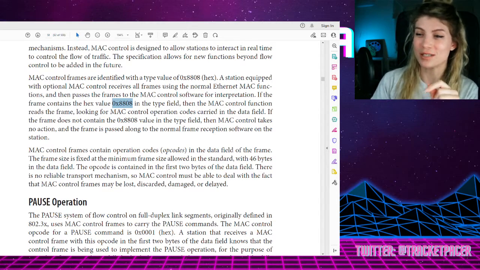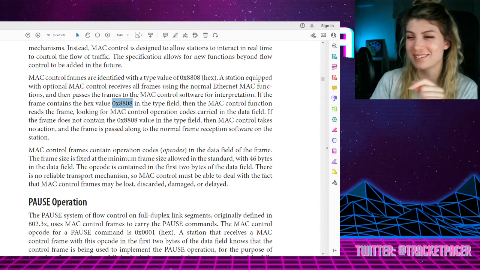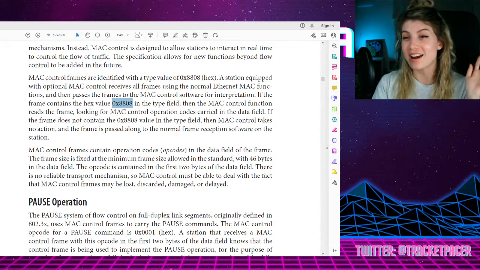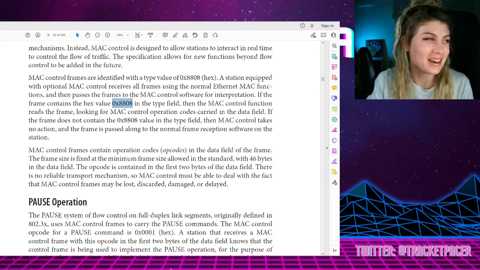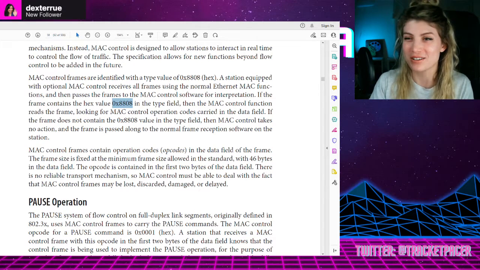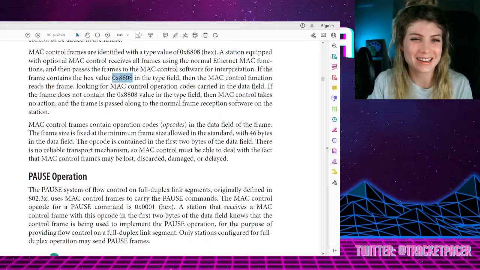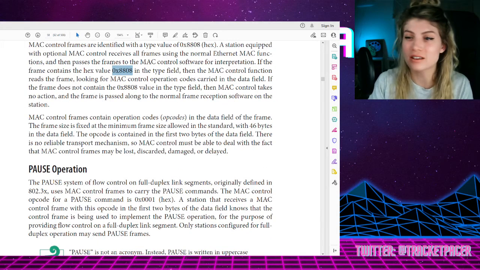I was only at the Cisco TAC for about 18 years, and I always said it like that, but what do I know? All right, we have Cisco TAC in the room. I guess I'll believe Cisco TAC. Thank you, Javier. I appreciate it. Okay, so we're calling it Hex 8808.